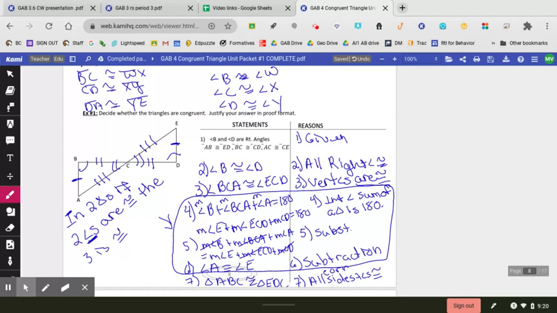Actually, I should say, if two corresponding angles are congruent, the third corresponding angles are congruent. And so I could have done 4, 5, and 6 there in one step.